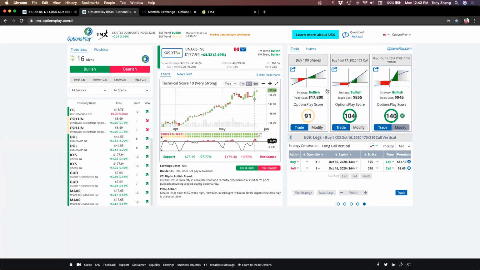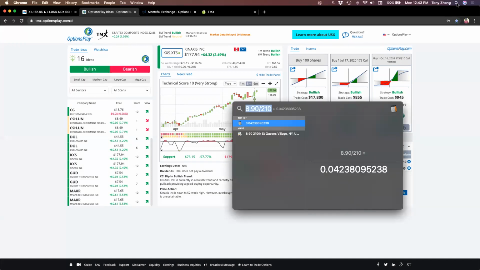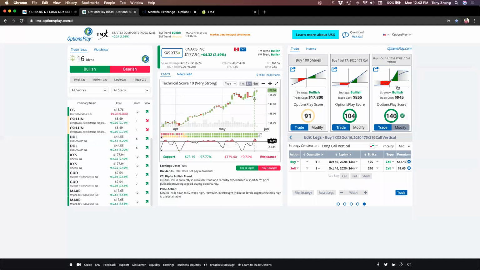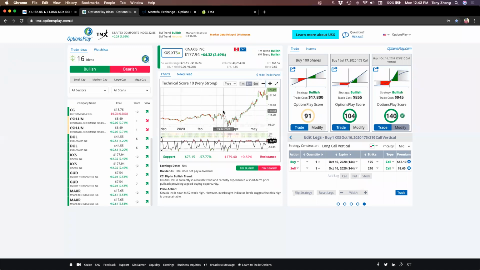You might want to play this as a breakout play, but using a spread like this makes some sense. $9.45 on a $178 stock, you're risking 5.3% of the underlying stock price. Options are relatively cheap for a name like this, which looks like a fairly volatile stock, but again, I know nothing about the stock, so it's hard for me to make any comments on that.